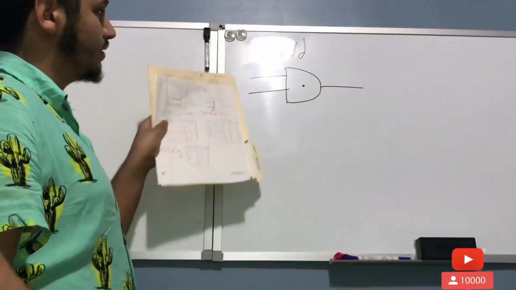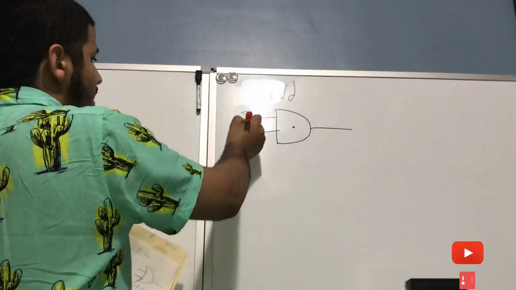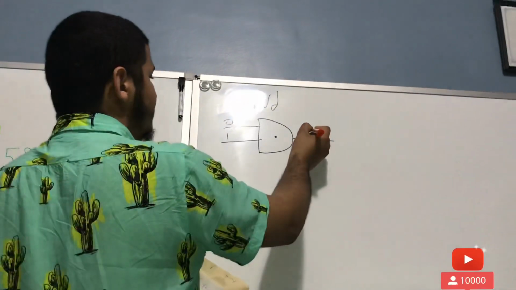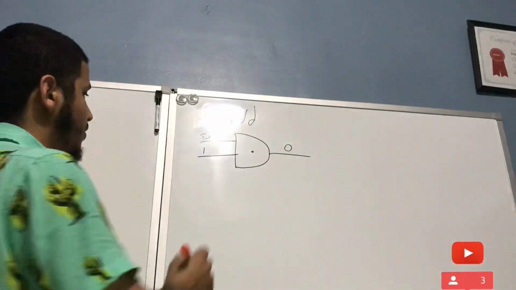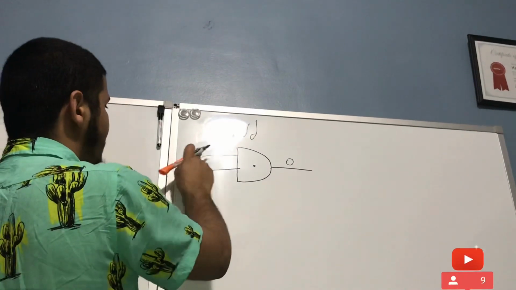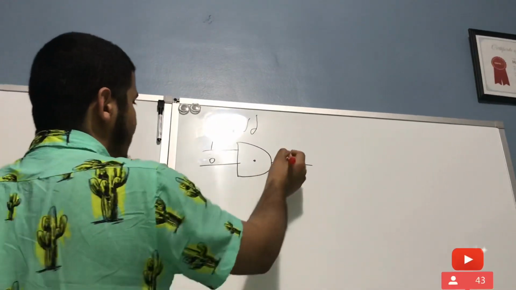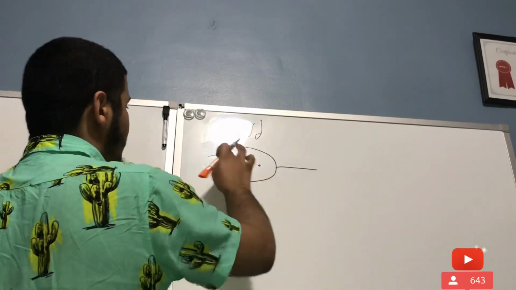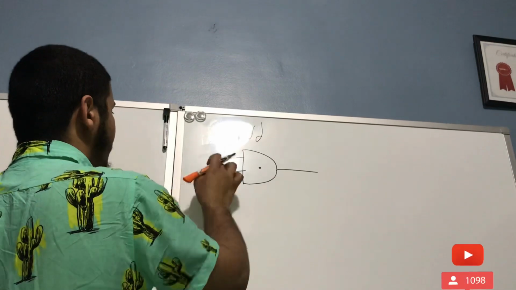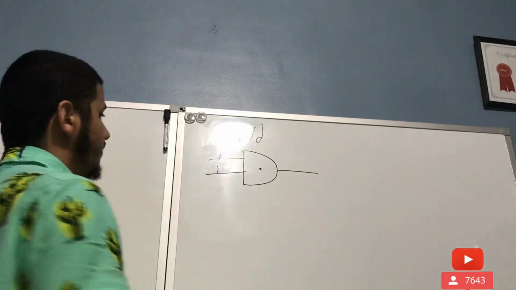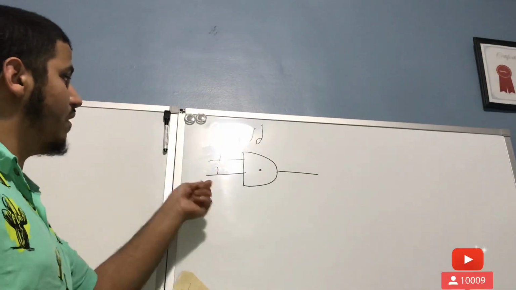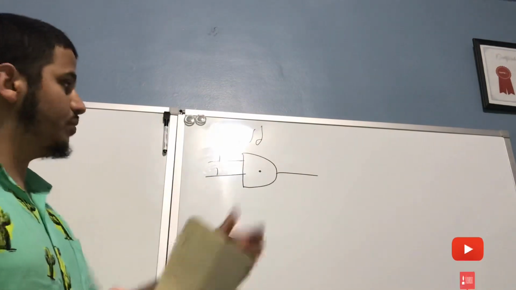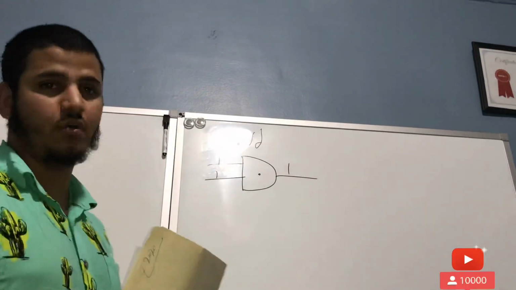If you put, for example, 0 1, the output will be 0. If you change it, for example 1 0, the output will also be 0. If you put 1 1, positive and positive, the output will be 1.